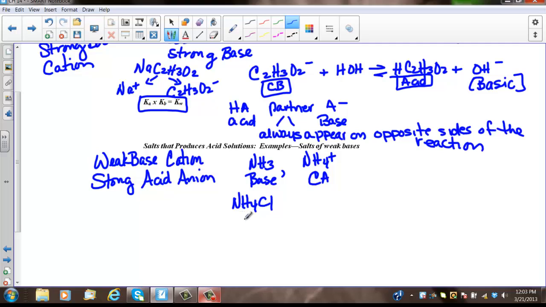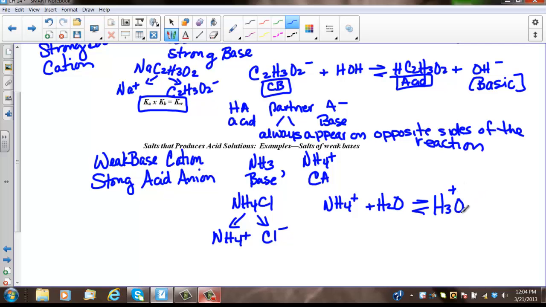The NH4 comes from the weak base, the Cl comes from the strong acid HCl. So if these were to dissociate and be placed in water, I would get NH4 plus and Cl minus. I'm not interested in the Cl minus, I'm interested in the NH4 plus, and I'm going to mix that with water, and I'm going to get H3O plus, which is acidic hydronium, and NH3. So this is an acidic solution.